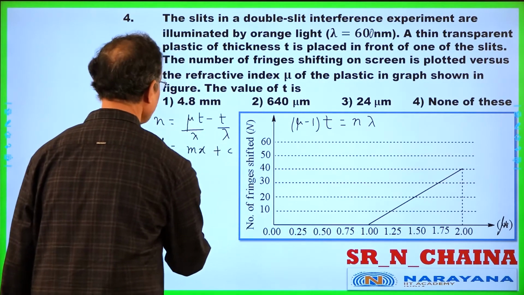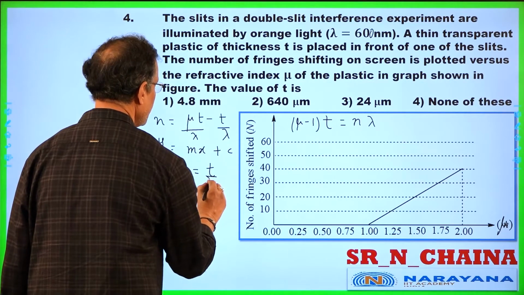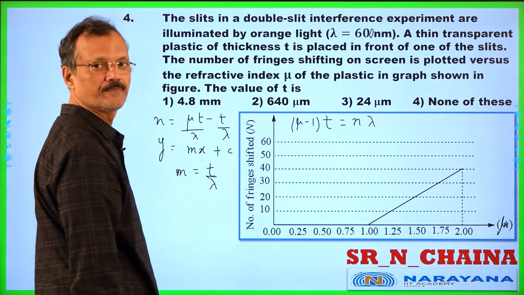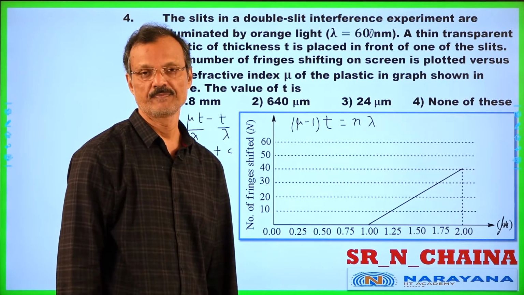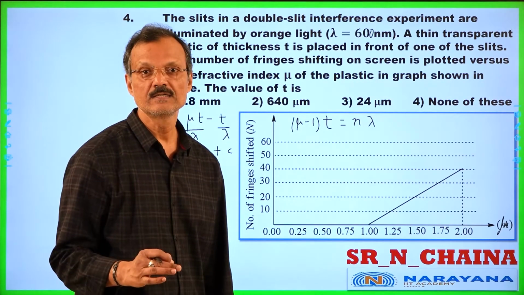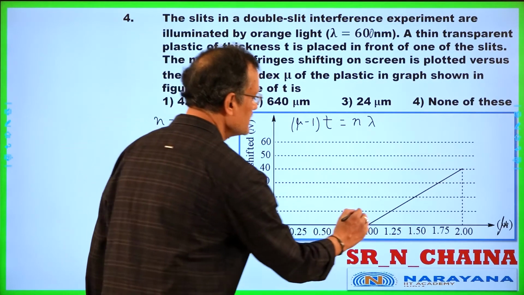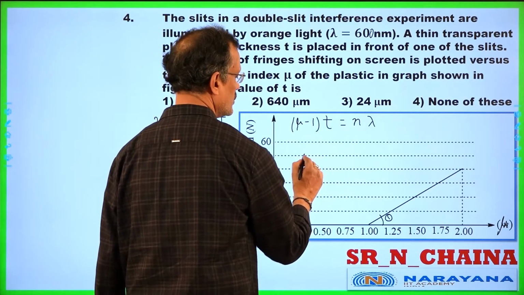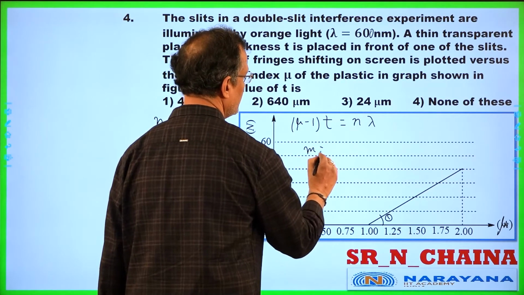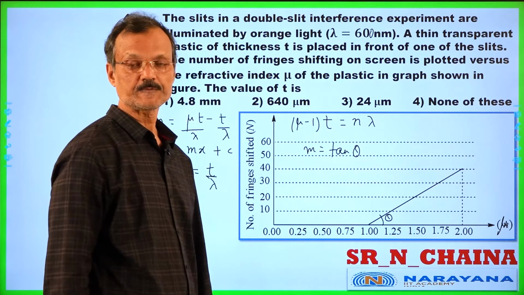So what is the slope? Slope is t by lambda. We have to get the slope from this straight line. Slope means tan theta. This angle is theta. So slope m is tan theta.